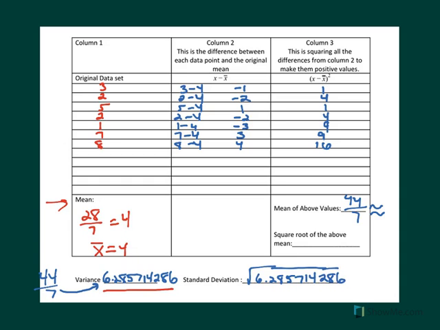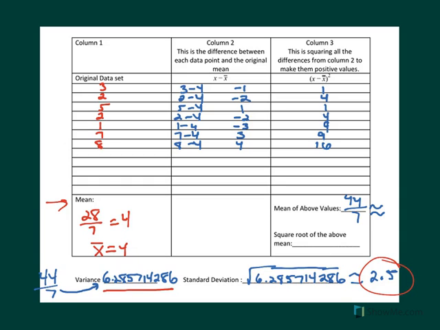The more decimal places you can hang on to in your calculator, the better. And if we do that, we should get approximately 2.5. And again, IXL wants you to round off to 1 decimal place. So to 1 decimal place, your standard deviation would be 2.5.